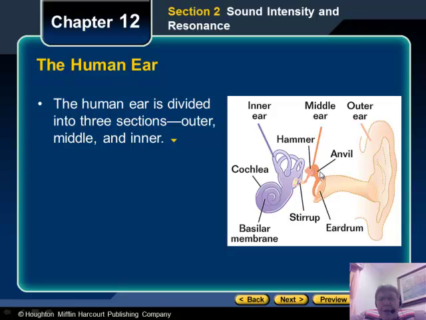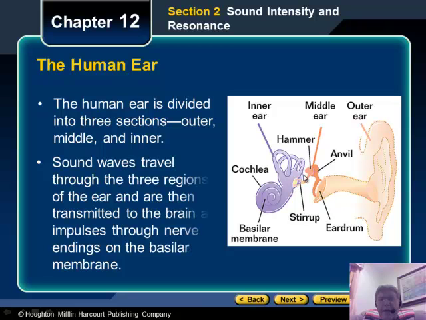That vibration is transferred by the three bones here. There's the hammer, the anvil, and the stirrup. Those three bones transfer the sound to the cochlear window here, and it sets up vibrations in the cochlea.